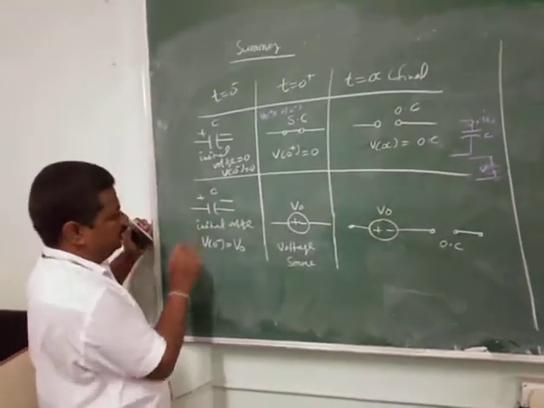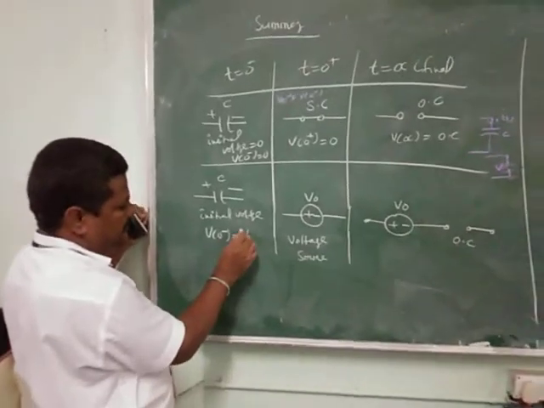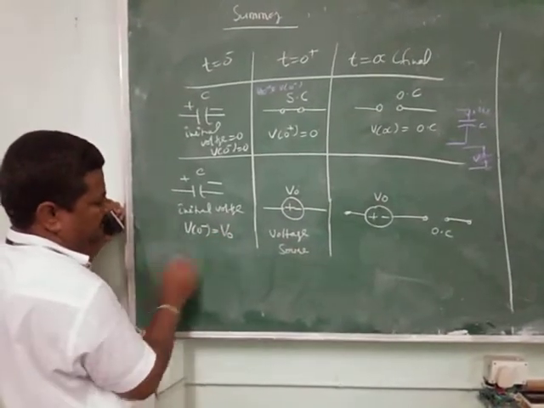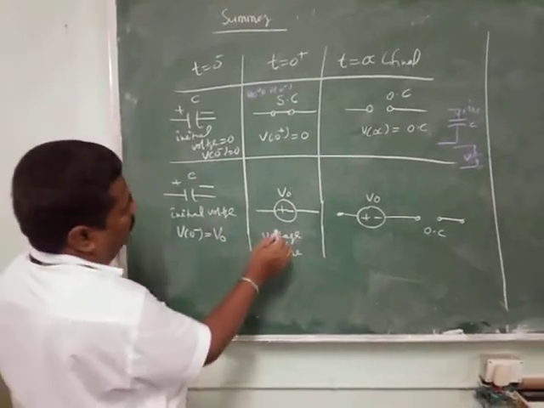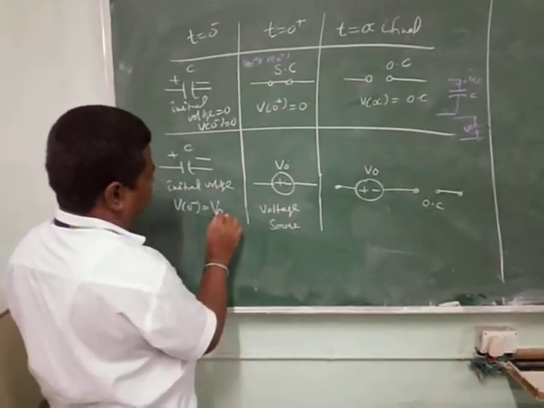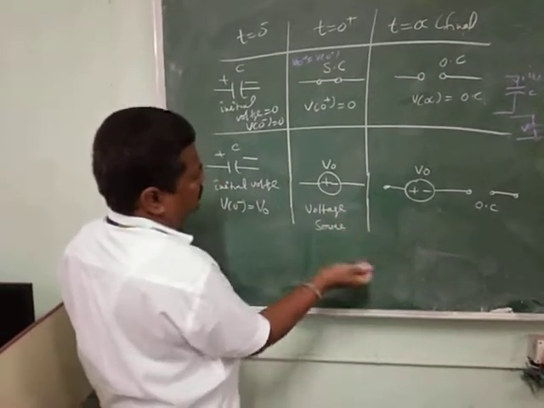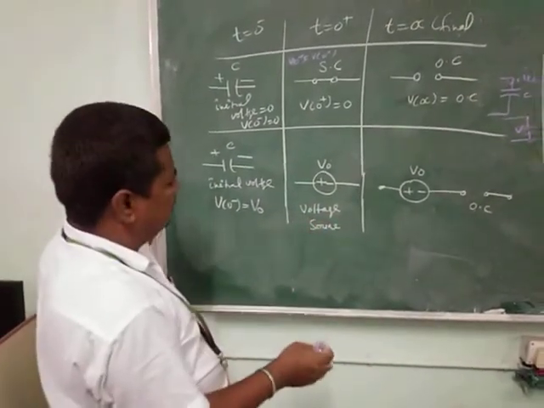Now coming to case 2: the initial voltage v of 0 minus is equal to some voltage v naught. At t is equal to 0 plus, the same voltage v0 here, here also v0. In this case it acts as a voltage source, whereas in an inductor it acts as a current source.